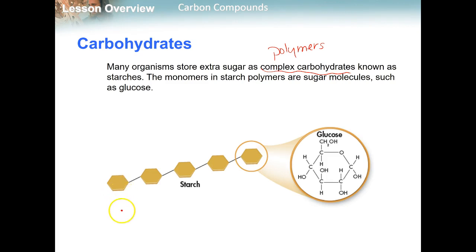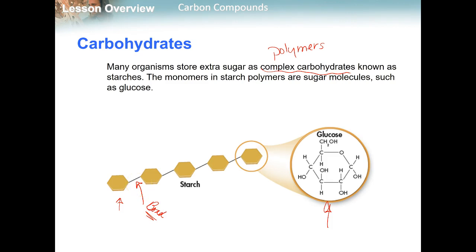Remember we saw glucose, C6H12O6? Well, that's what each one of these little individual monomers is. So we get a chain of glucose molecules bonded together, and this line represents a bond. And they form these complex carbohydrates.